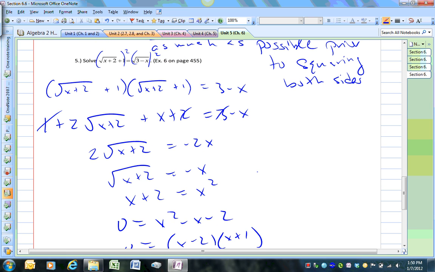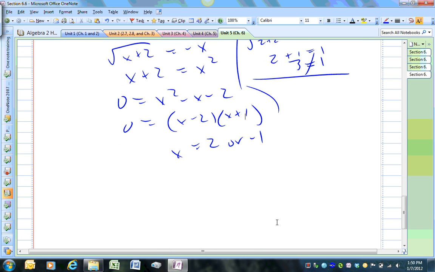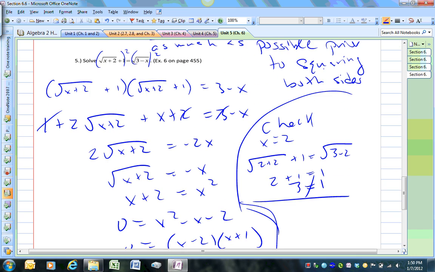If we check, like when x equals 2, that doesn't work. So it's kind of weird because in this case the positive value didn't work. So you can't always assume the negative value is going to be wrong.